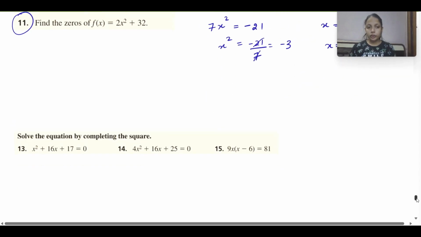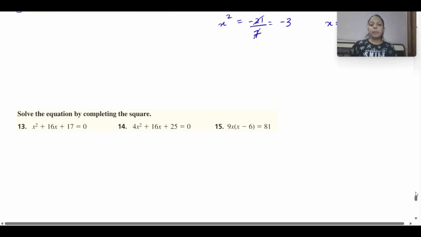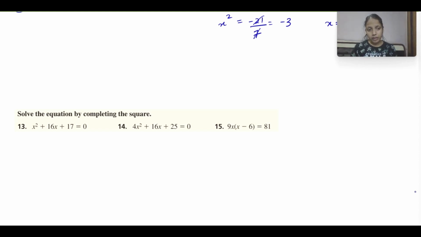Next, solve the equation by completing the square. Completing the square is one method. See, I am trying to do question number 30. Here, keep the x terms in one side, shift the constant to the other side. x square plus 16x equals negative 70.